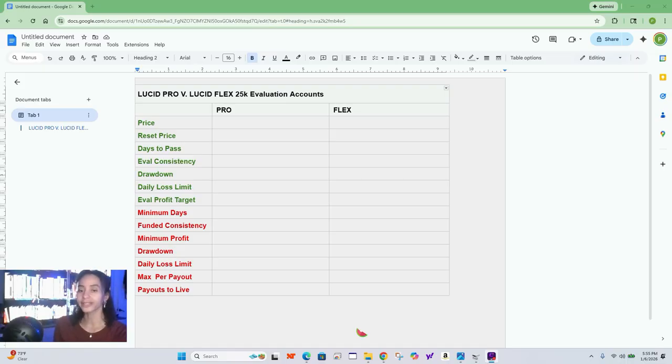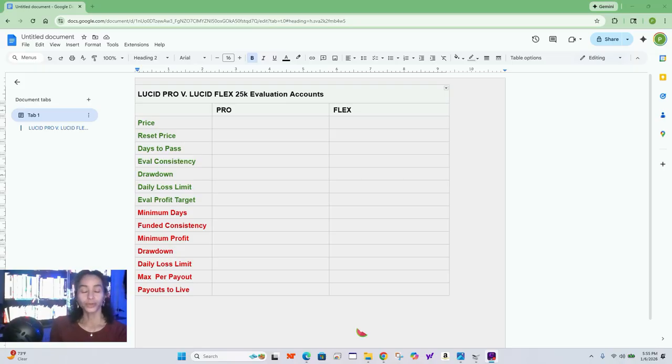So I'm going to quickly go through my analysis and the key details of each account type. I am going to use the 25K accounts because those are the accounts that I like to use for Lucid.